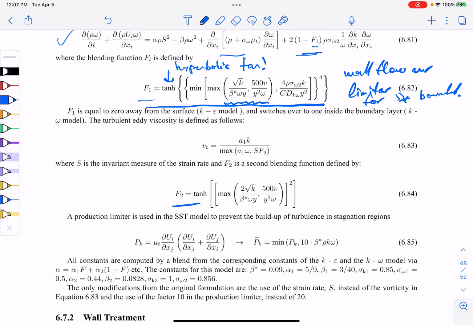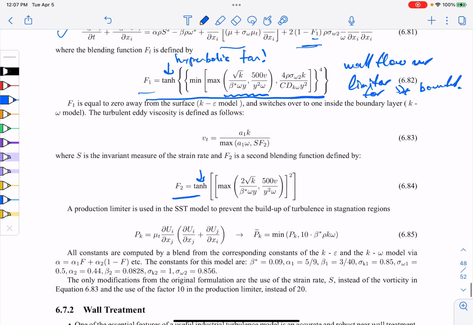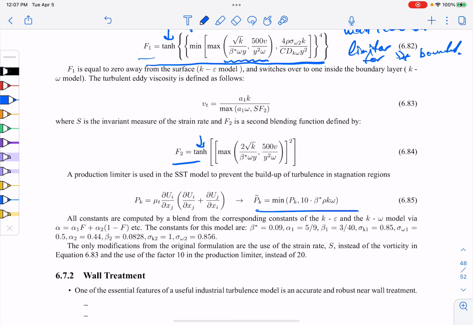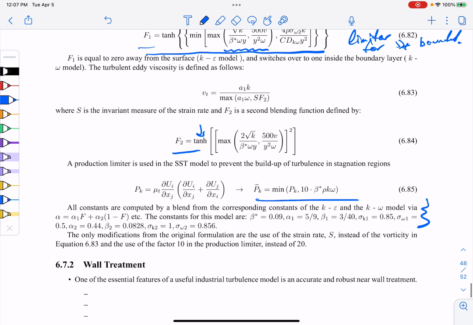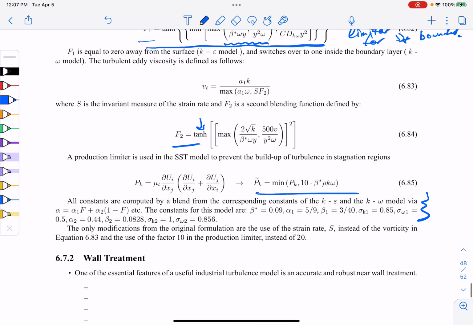It's inspired also, so you also have a hyperbolic tangent, so that varies smoothly from 0 to 1. And there are some limiters added to limit production. So this was done partly with calibration, and then here are all the coefficients noted. Now, that's the base model when you run Menter SST.